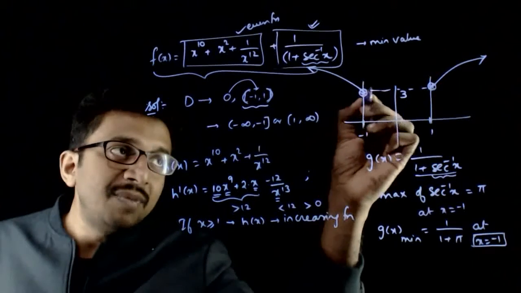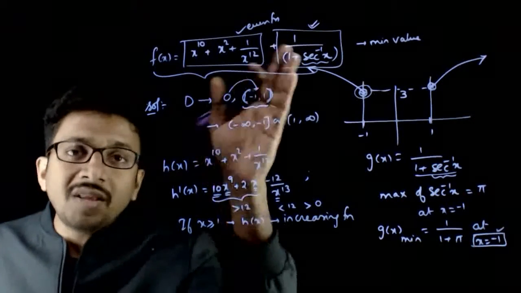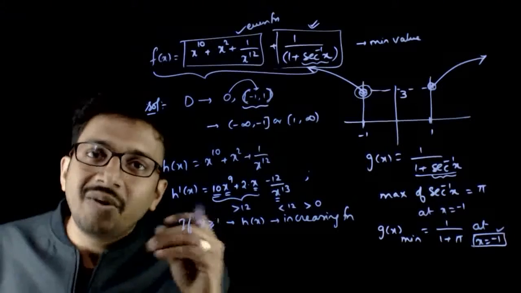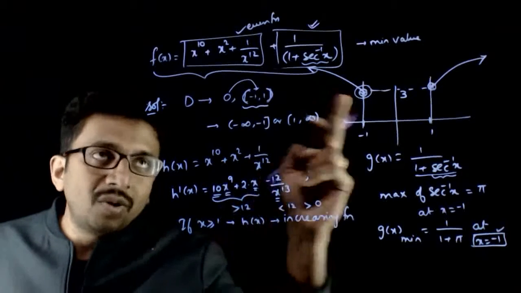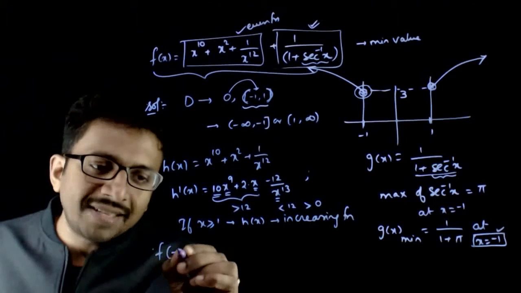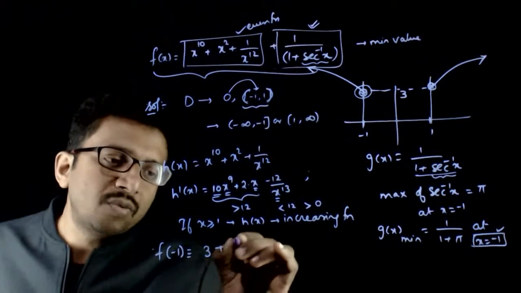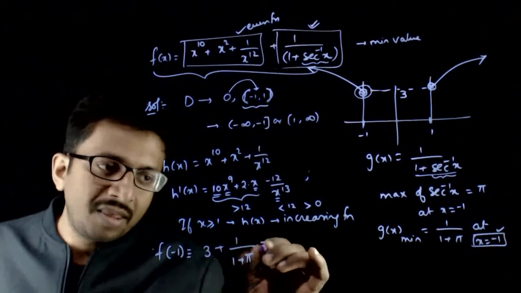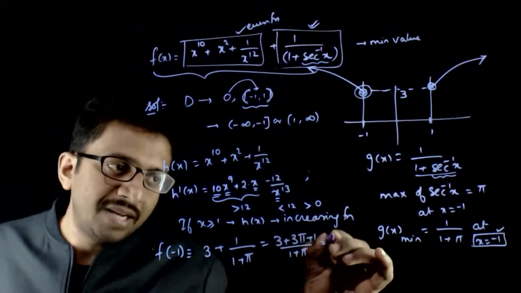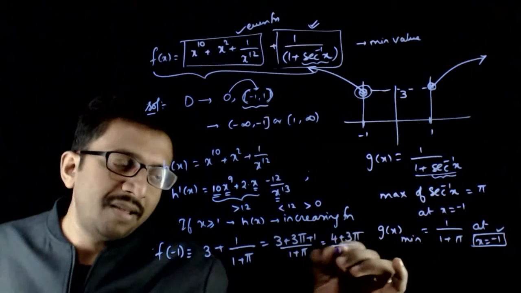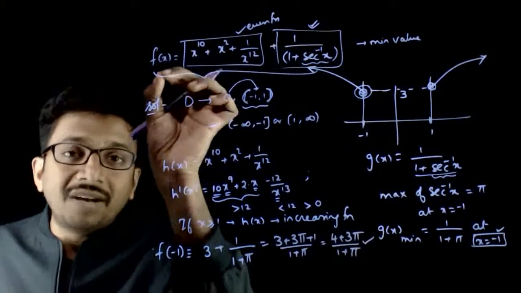So the effective minimum comes when x is equal to minus 1, not plus 1. If you substitute x equal to minus 1, you get 3 + 1/(1 + pi). That is equal to (3 + 3pi + 1)/(1 + pi), which is (4 + 3pi)/(1 + pi). So that will be the minimum value of this function f of x.